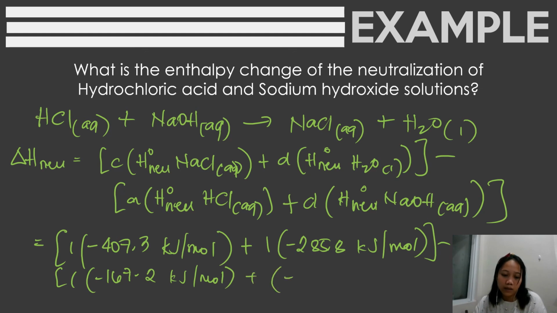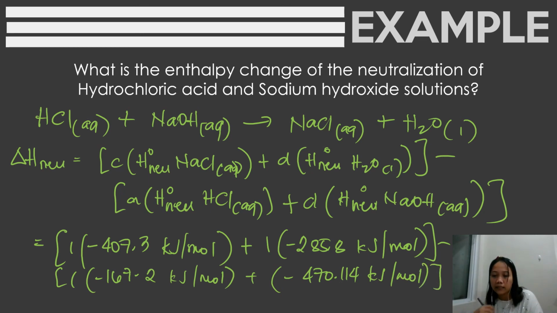Plus, negative 470.114 kilojoule per mole. Just be conscious in writing the negative sign, the bracket. Because if you place it wrongly in the calculator, you will generate a different number. Okay? Because of the sign only. So, let's be careful.